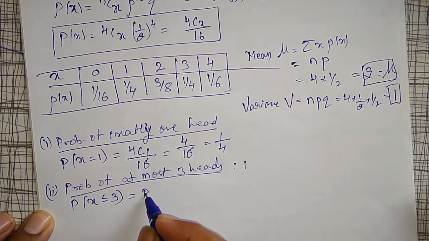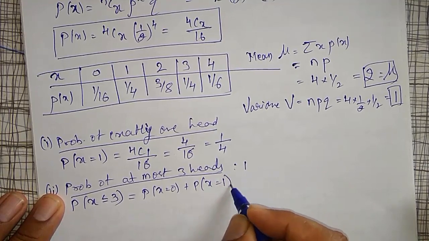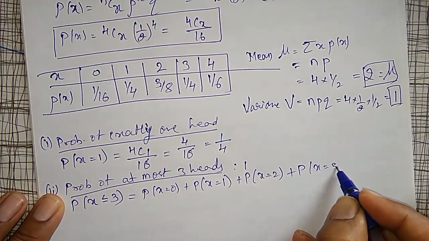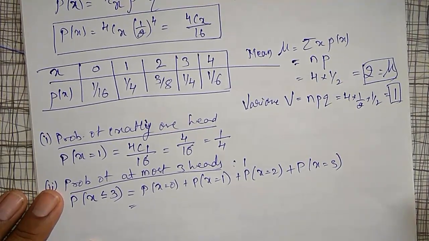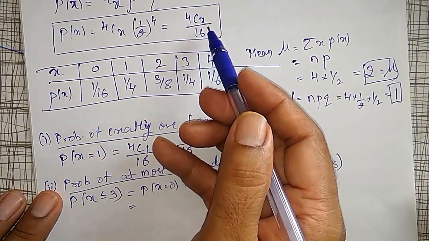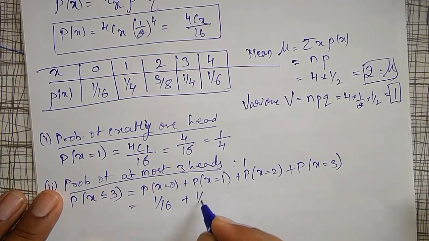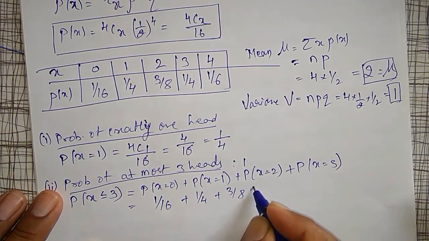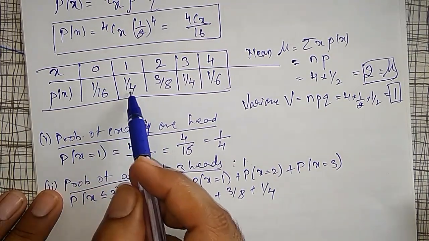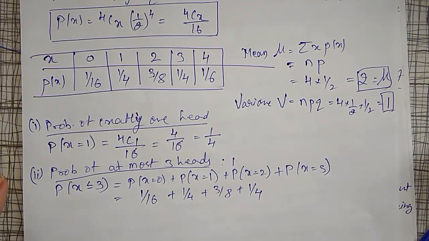Therefore, this is given by probability of x equal to 0 plus probability of x equal to 1 plus probability of x equal to 2 plus probability of x equal to 3. Already I have calculated, or you can use that formula 4cx by 16, x equals 0, 1, 2, 3, and substitute. That is 1 by 16 plus 1 by 4 plus 3 by 8 plus 1 by 4.